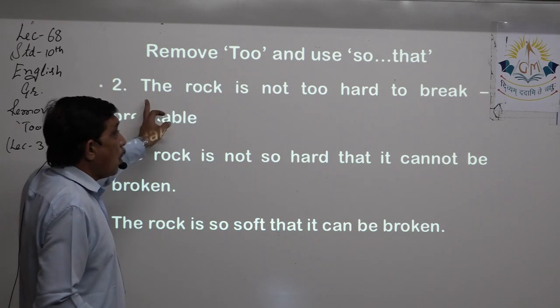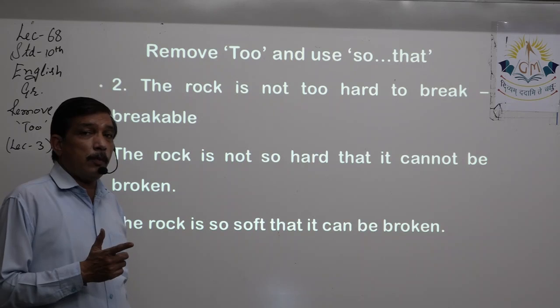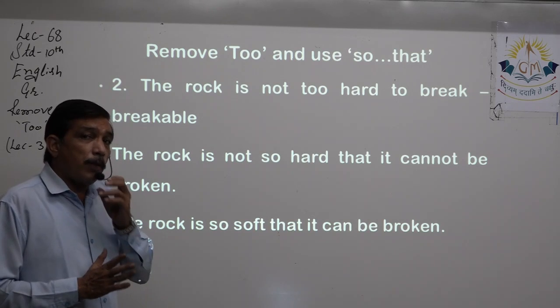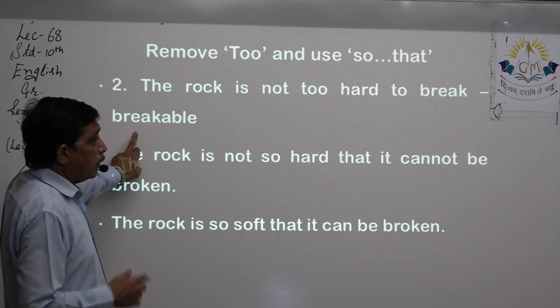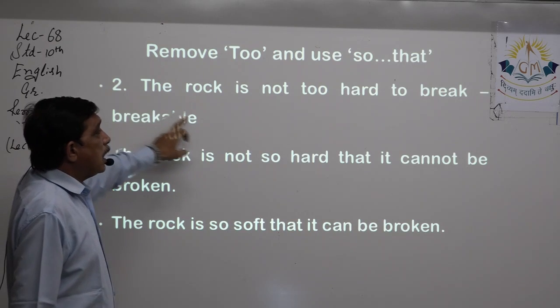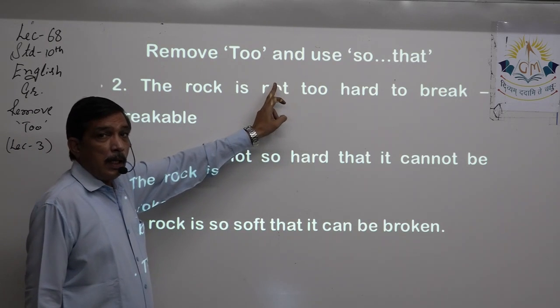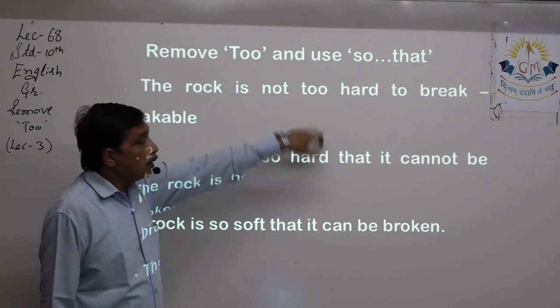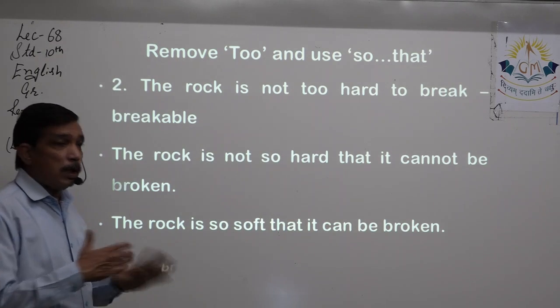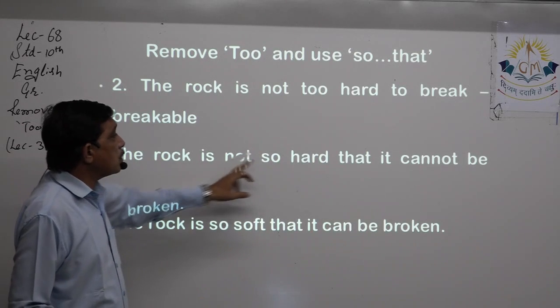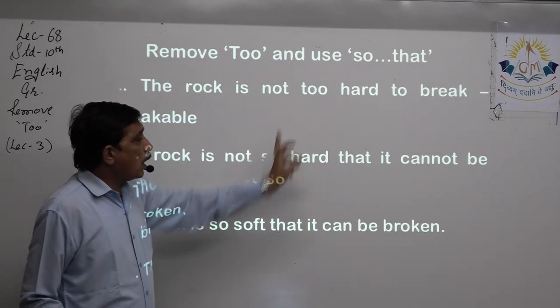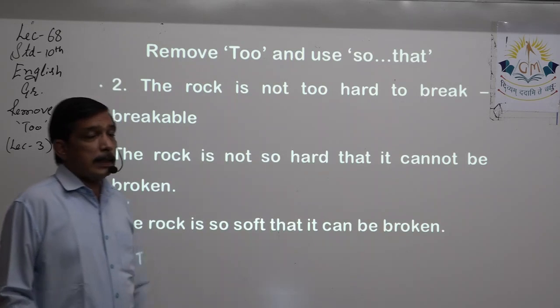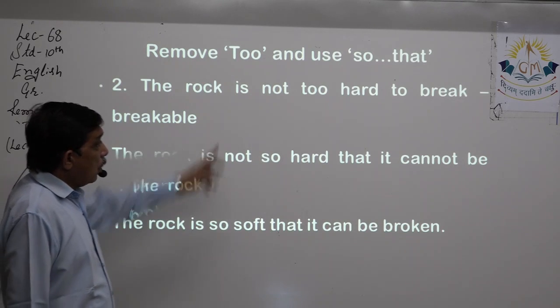The rock is not too hard. So it is breakable. Here we see that to is also used and not is also used. So when we turn it to so that, use something to equalize it. The rock is not so hard, not too hard, not so hard that it cannot be broken.